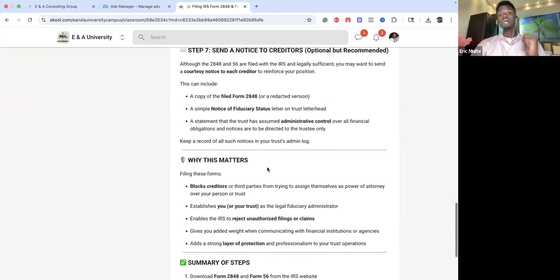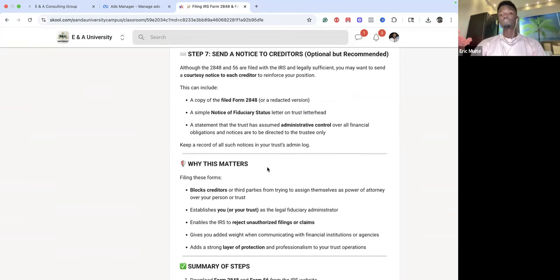And so the reason why these documents really matter, guys, is because the 2848 and the 56 are filed with the IRS, and legally sufficient. You want to send a courtesy notice to each creditor. That's what I share with you guys. It's not mandatory, right? You guys don't have to. And I'm saying this again, it's not mandatory, because once you have it filed with the IRS, if the creditors ever wanted to file anything financially, it has to be through the IRS.